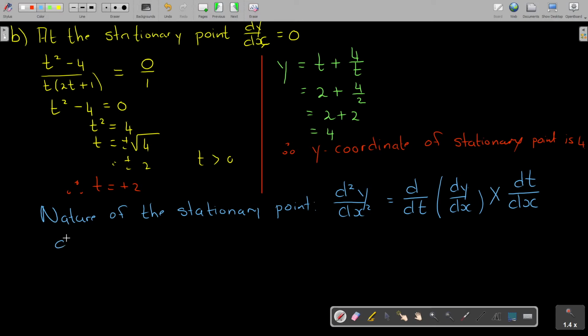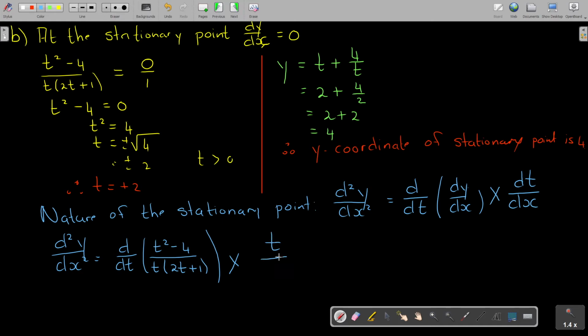I'm going to get d2y over dx squared, and that is going to be d over dt of (t squared minus 4) over (2t plus 1), and multiply by dt over dx, which is t over 2t plus 1.